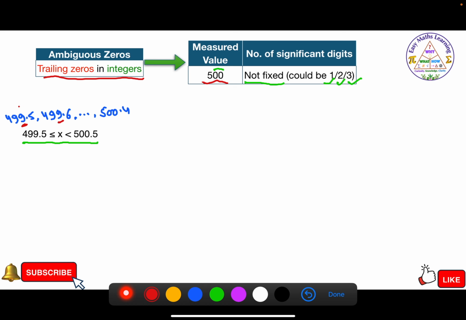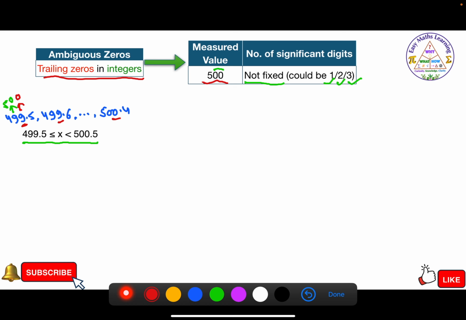After rounding, because it is 5, it becomes 0. 9 plus 1, 10, it becomes 0, which is the uncertain digit because it comes after rounding, and this digit becomes 0, this digit becomes 5. So we are getting 5.